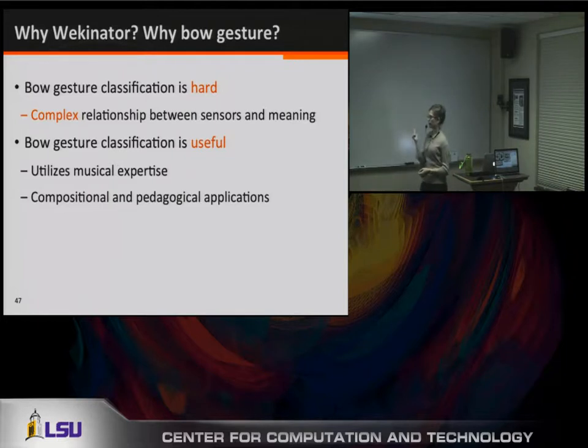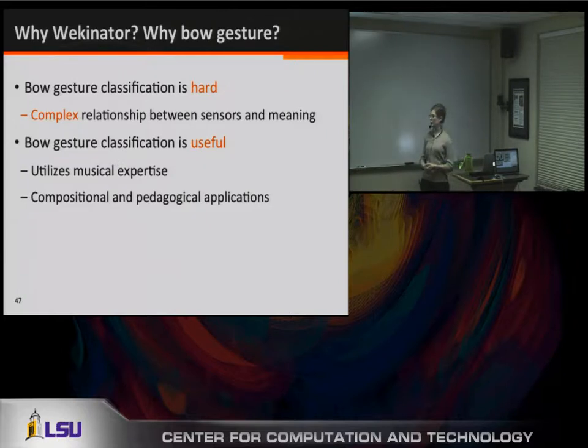The second reason, of course, is that bow gesture classification ends up being potentially very useful. It utilizes the musical expertise that a cellist or string player already has. Meg has been practicing bow strokes for I don't know how many years now, and she can do them very accurately. And it's something that she does over the course of a performance anyway to exercise her expert control over the instrument.